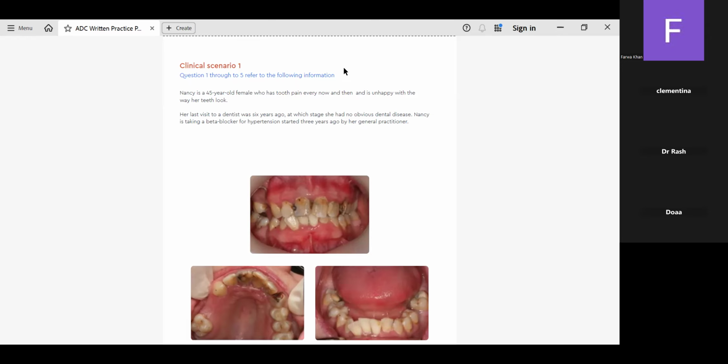If the ADC has included 30 to 40 case scenarios in this practice paper that they have released, you still have so many questions in the course portal which are not in the practice paper. Like I said, around 800 to 900 case scenario based questions are there in the course portal. This practice paper only has around 30 to 40 case scenarios.